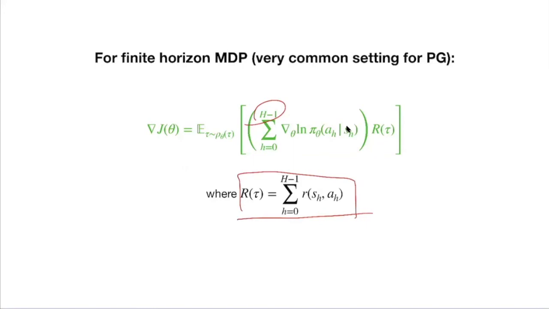Same trick of importance weighting, same trick of applying the log on the trajectory likelihood, and then on top of it, applying the gradient formulation. So this is even nicer. I can just sample a tau from rho theta tau, and form the gradient formulation.